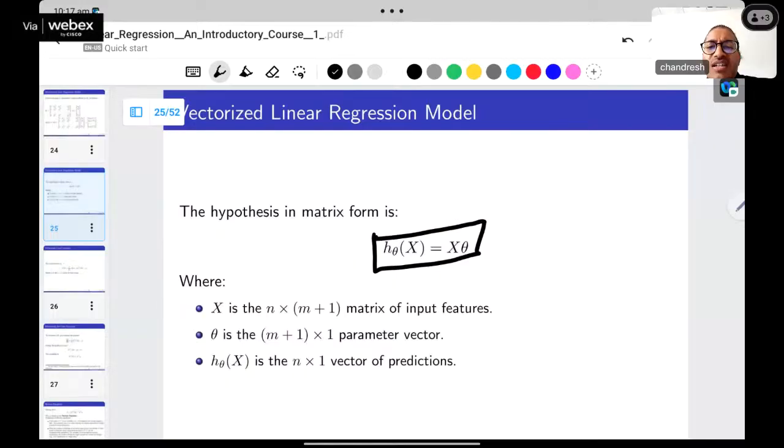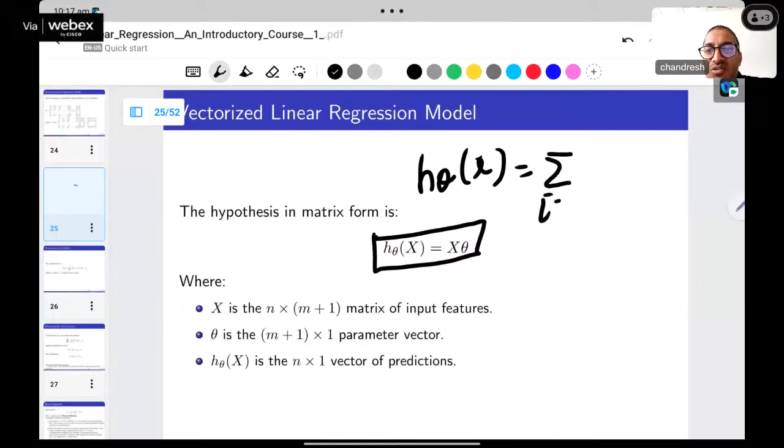Sometimes you must have seen the prediction rule or cost function written as h theta of x. You must have seen this form: summation i equal to 1 to n, of theta transpose x_i minus y_i, squared.